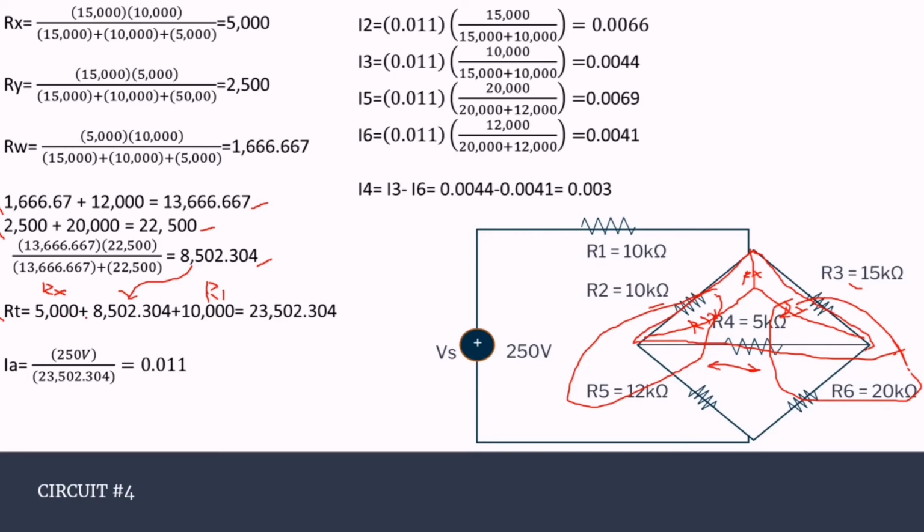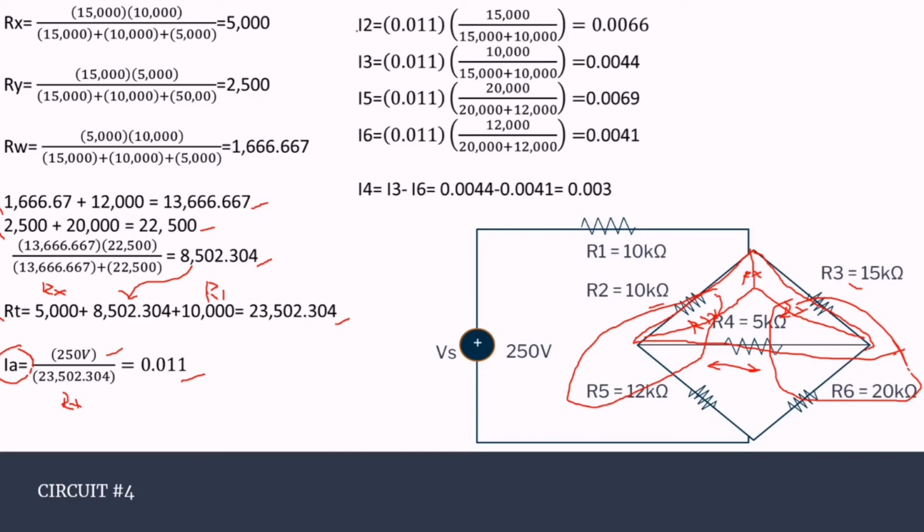So 5,000 plus 8,502.304 plus 10,000 is equal to 23,502.304. So to get our IA, we have 120 volts, and our RT 23,502.304 is equal to 0.011.